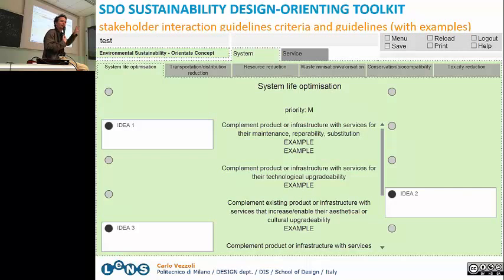I'm not speaking about the technical characteristic of a product, like design for easy disassembly. No, I'm speaking about a type of interaction among who is providing the service and the customer that is promising in relation to, in this case, life cycle optimization. Okay?